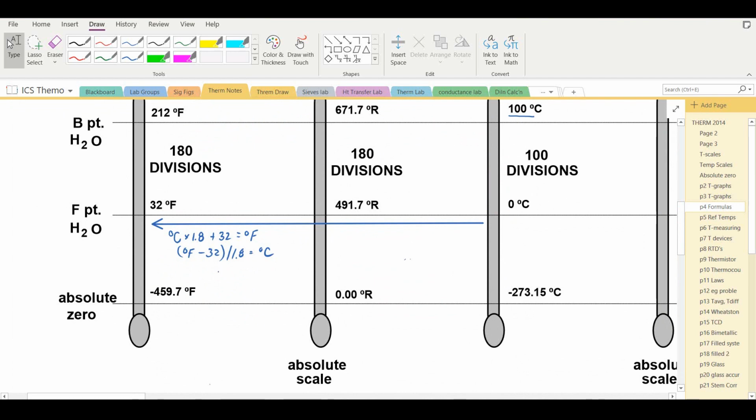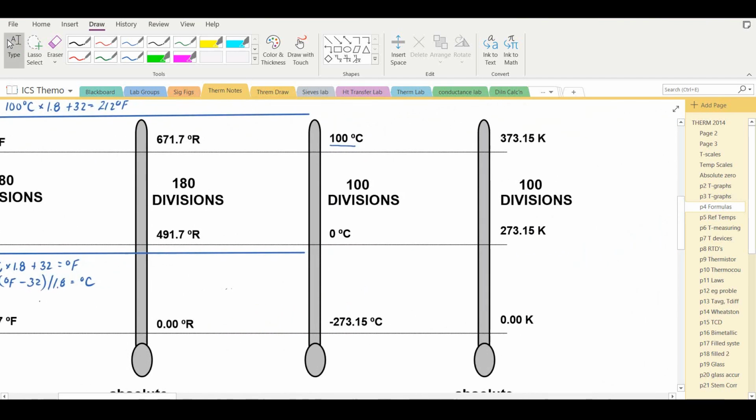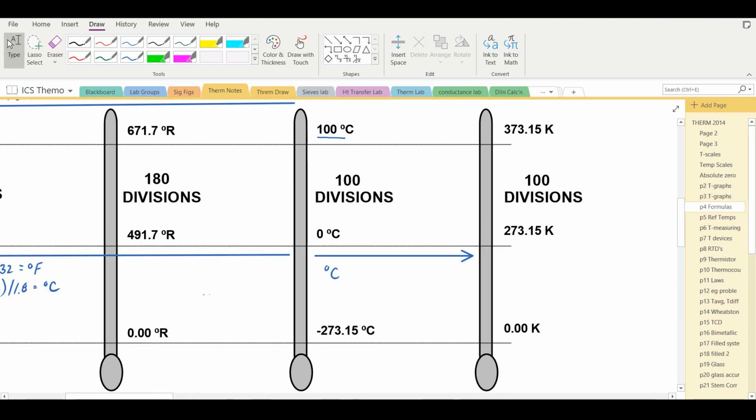Let's try another one. We'll do a simple one here just to use our formula. Let's say we want to convert between Celsius and Kelvin. Well, we know how to do that, but I want you to understand the formula, how it works. We'll start on a temperature scale, degrees Celsius. We're going to multiply or divide by a sensitivity factor, but in this case, the sensitivity factor is 1. 100 divisions on the Celsius scale is the same as 100 divisions on the Kelvin scale.